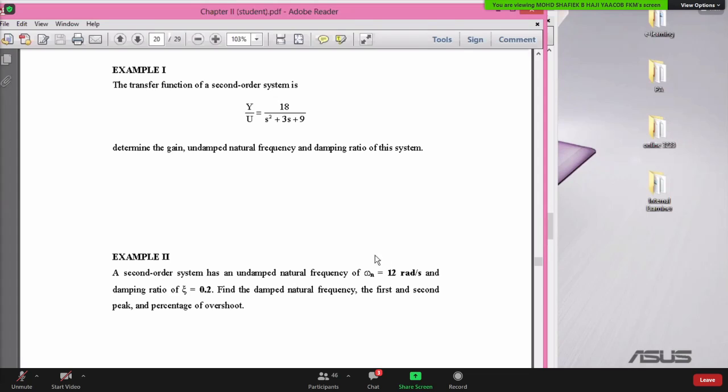When you want to quantify the behavior of a control system, all you need is the natural frequency and damping ratio. So you will know how much overshoot there is going to be, how fast the system response is going to be. So we can now compute all these quantities that are specified here.